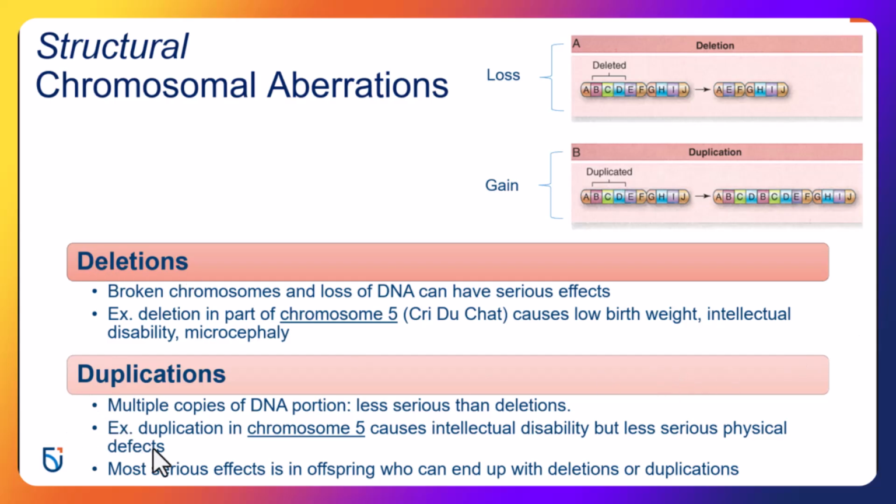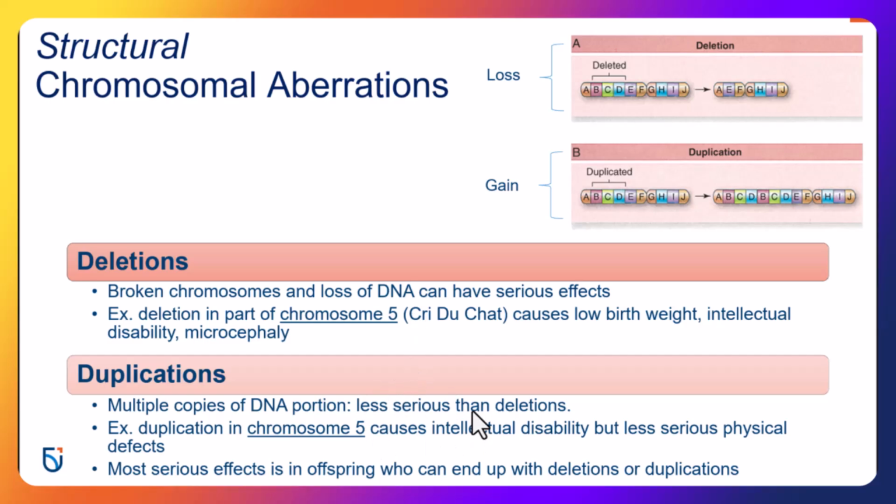So in contrast, we have duplications as well, and this involves gain, so opposite, gain of a DNA segment, meaning that extra copies of certain genes are present. Now, while this does still disrupt normal development, duplications are considered to be overall less severe than deletions.